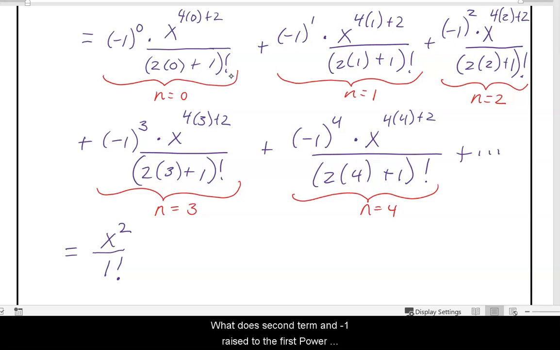For the second term, the -1 raised to the first power will make the next term negative. 4 times 1 plus 2 leads to x to the 6th power. In the denominator, 2 times 1 plus 1 will lead to 3 factorial.